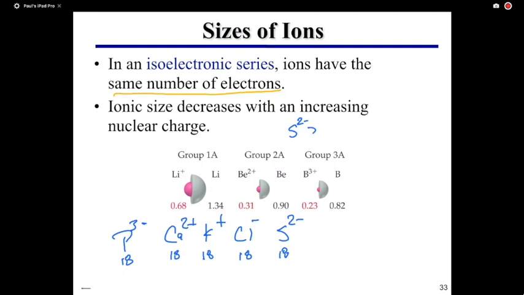This one is much bigger than that one, which is much bigger than this one, which is much bigger than this one, which is much bigger than that one. And so that is the best way to think about isoelectronic series in terms of size. The one that has gained more electrons is the biggest. The one that has lost the most electrons is the smallest.